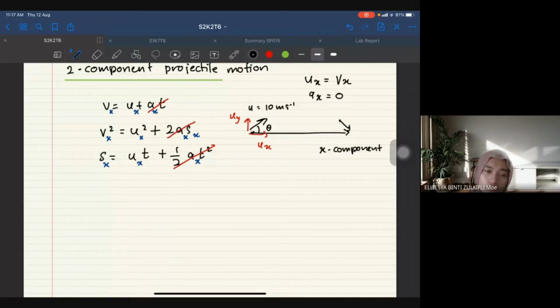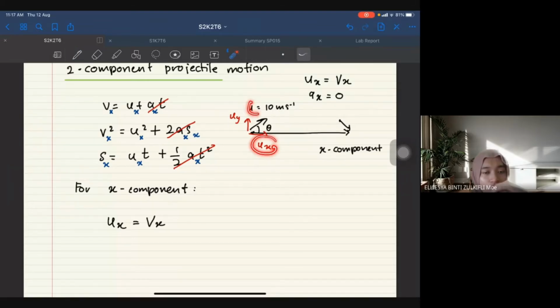So as a result, for the X component, Ux will always be equal to Vx. So the initial velocity will always be equal to Vx. Katakan initial velocity dekat sini, Ux bukannya U tau. Ux ni katakan adalah 5, so sampai dekat sini pun dia masih lagi 5.